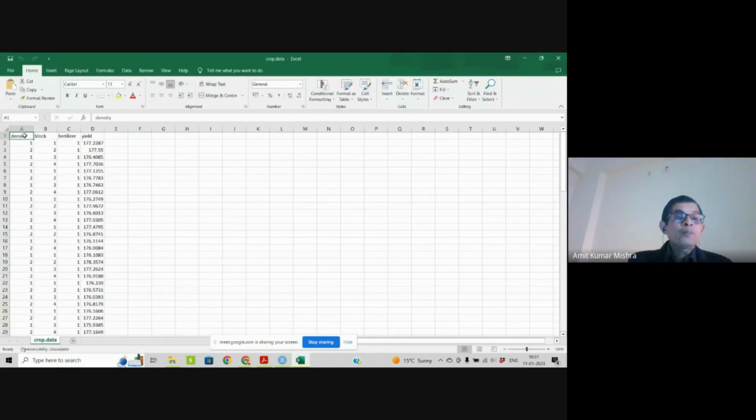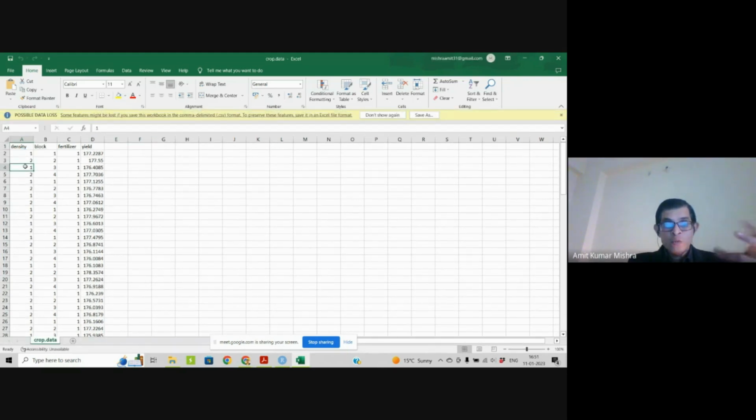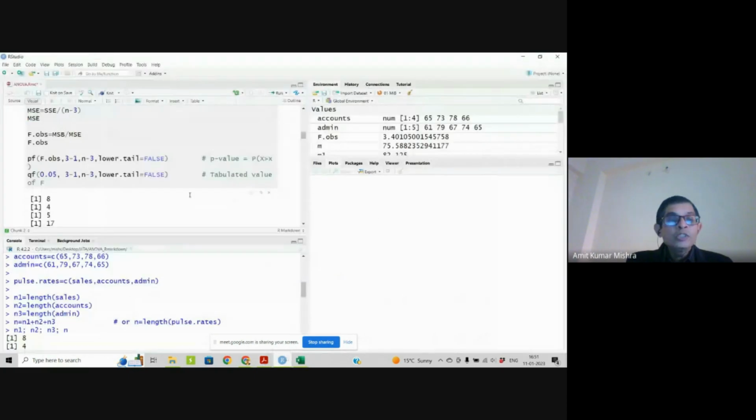Here density is 1 2 1 2. The first column represents the planting density, and it contains 1 2 1 2, then block, fertilizer and yield. So this is the data set.